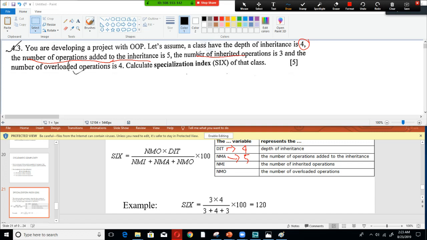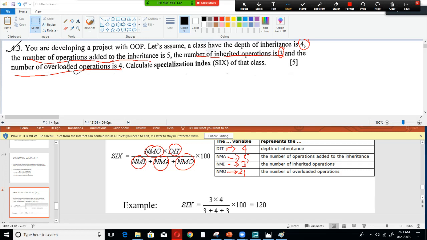The number of inherited operations, NMI, is 3. And the NMO, number of overloaded operations, is 4. So the formula is NMO into DIT divided by NMI plus NMA plus NMO, into 100.